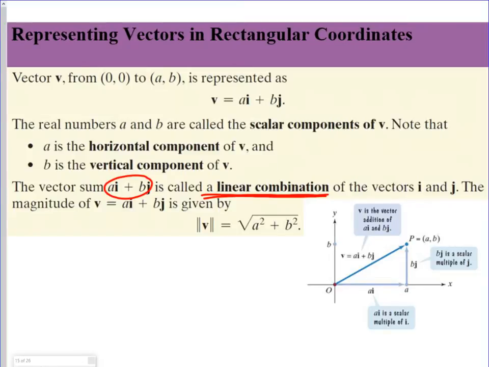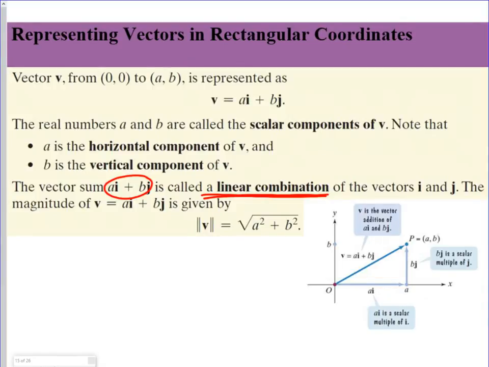You still have to go with the Pythagorean theorem and figure out what that distance is. It's a squared plus b squared, and take the square root of it. Remember, double bars represent the magnitude of the vector. So that's how you find the magnitude.